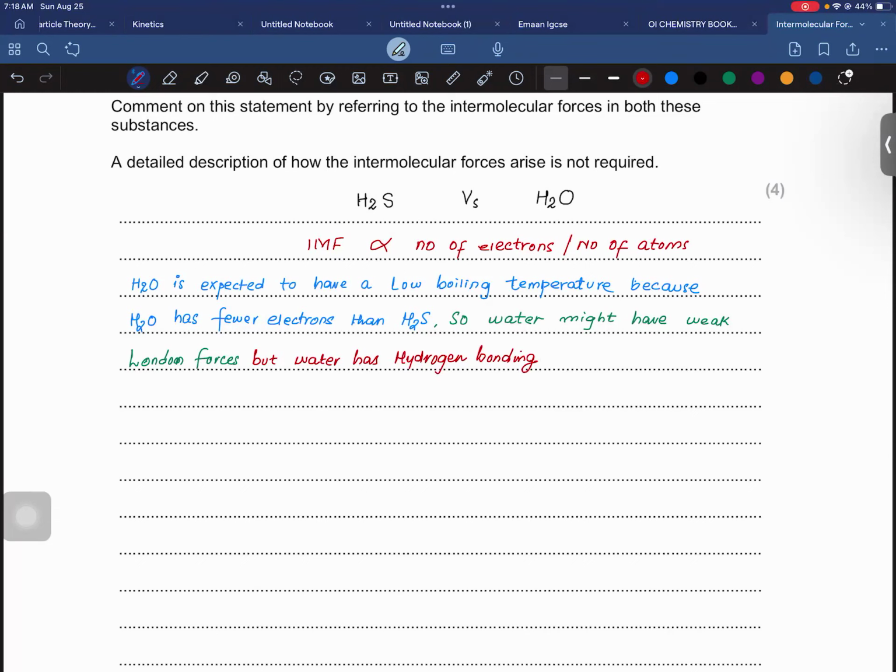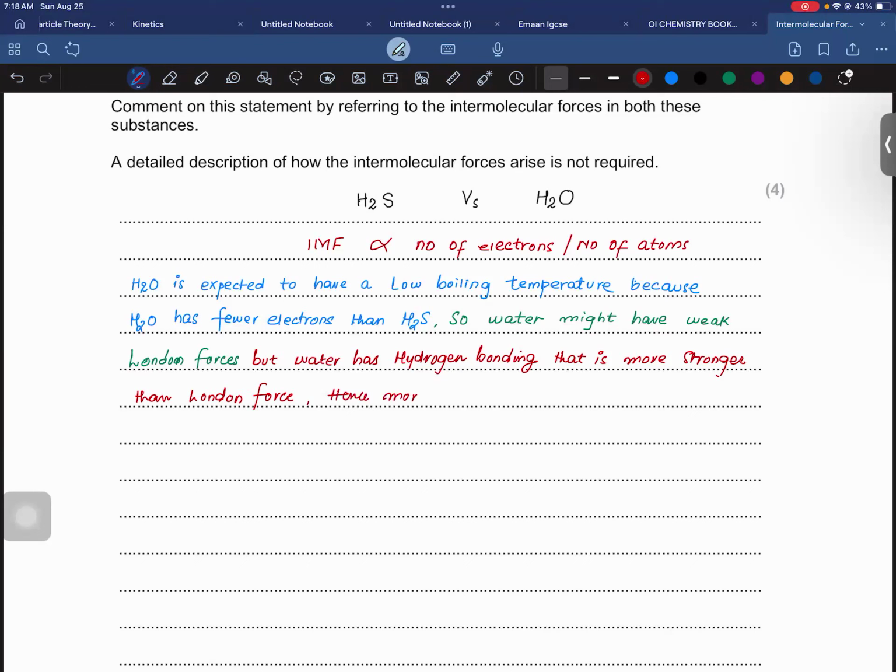Hydrogen bonding is stronger than London force.